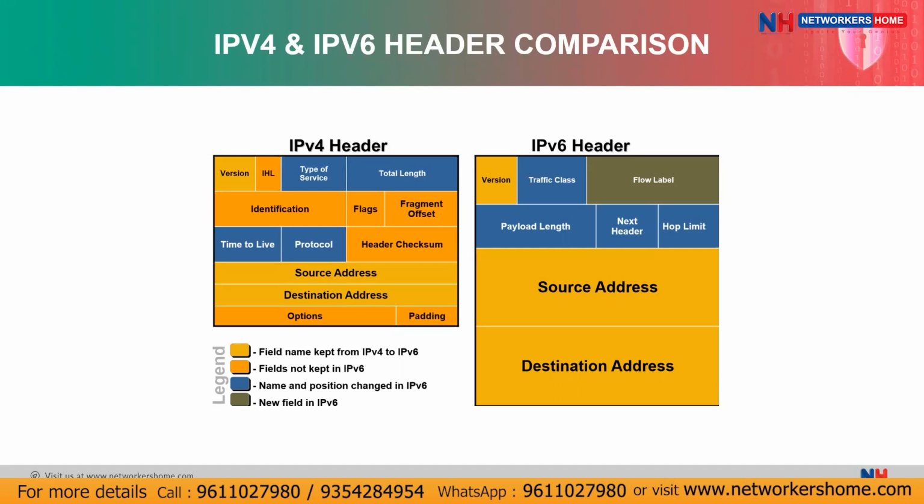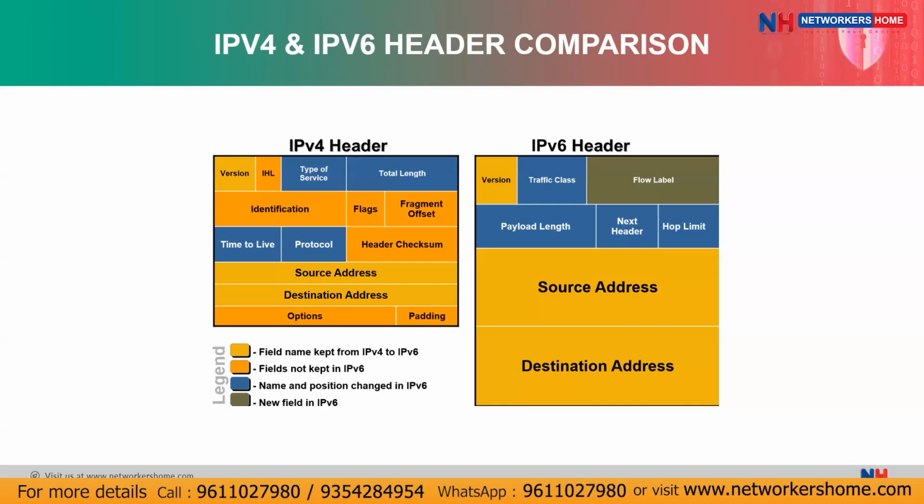On the other hand, the version parameter is the same. The header length, we do not have in IP version 6. Type of services becomes class of service. And the new content we have is flow label. Then identification, flag, fragment offset, and header checksum, we are not having.